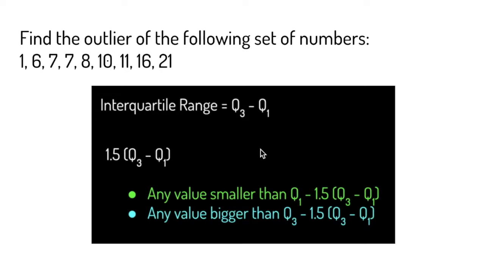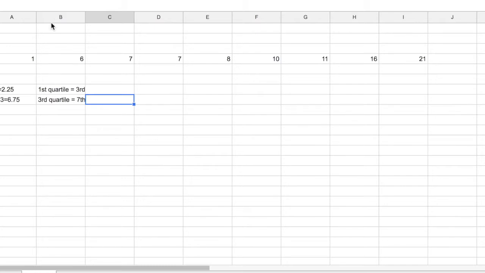If we try to do this, we first need to find the interquartile range, the first and the third quartile. Our set of data was 1, 6, 7, 7, 8, 10, 11, 16, and 21. That is a total of 9 data. We first divide 9 by 4, which is 2.25, and then we multiply 2.25 by 3 to get 6.75.